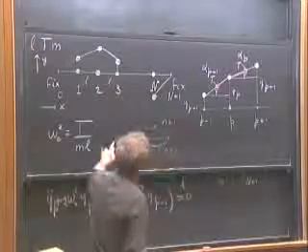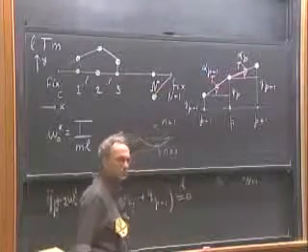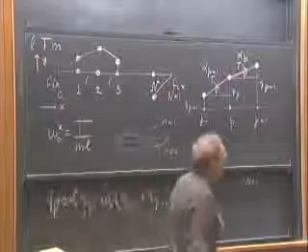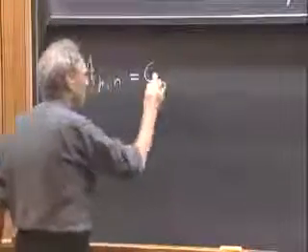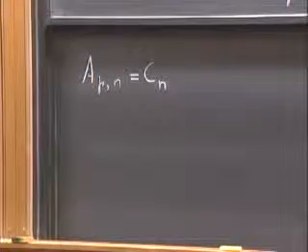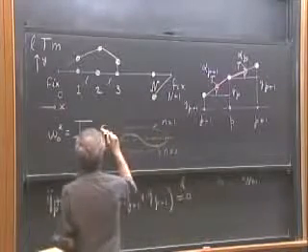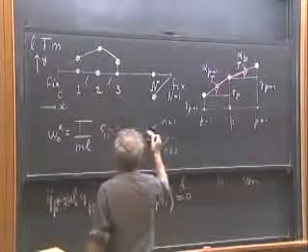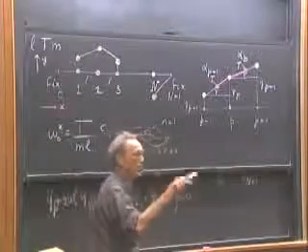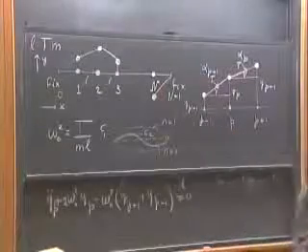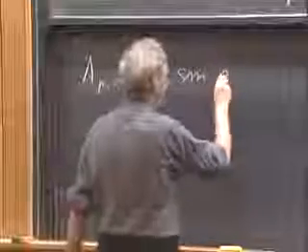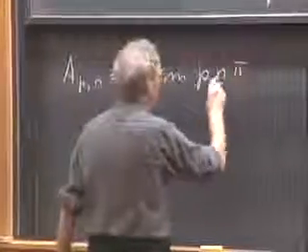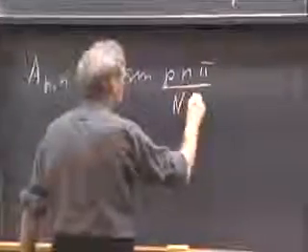I want a sinusoid in there that is always 0 here and 0 there. And it can have an amplitude, of course, which I can freely choose. So this C of n is the amplitude of this sinusoid. So this is C1. And this value is going to be C2. Each one can have its own amplitude. And then I get the sine of P n pi over n plus 1.